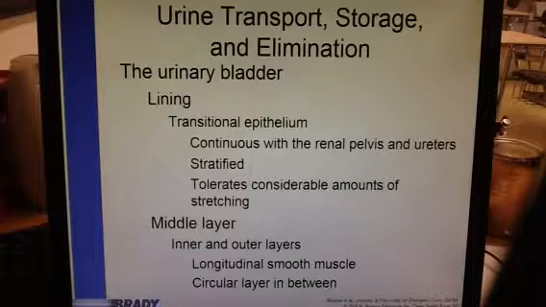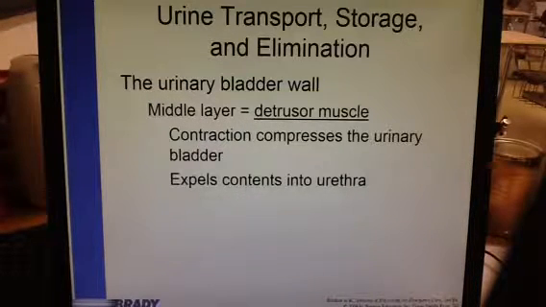And then there's the middle layer that has smooth muscles, longitudinal smooth muscle, and a circular layer in between the inner and outer layers. The middle layer is the detrusor muscle, and the contraction is what compresses the bladder, and that compression of the bladder is what expels the contents into the urethra.